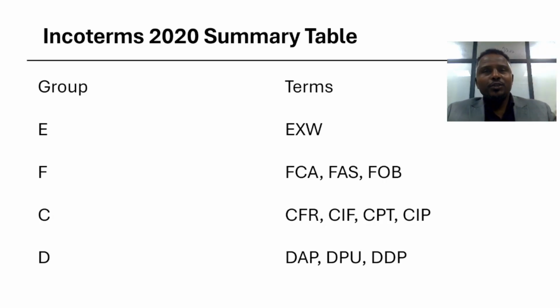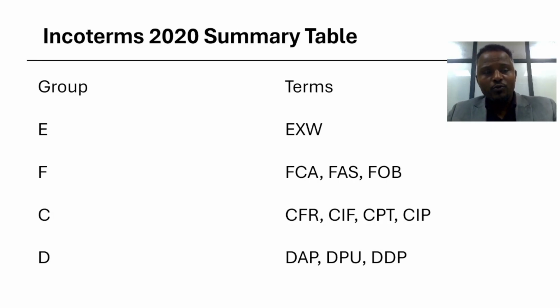But you don't need to memorize them all. What's important is to understand the logic behind the grouping, how responsibilities and risk gradually shift from the seller to the buyer as you move from Group E to Group D. This helps you negotiate and document international contracts with precision.